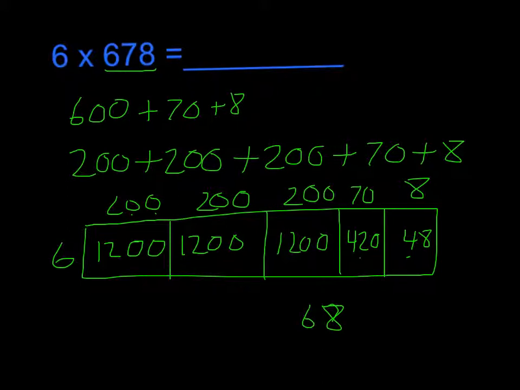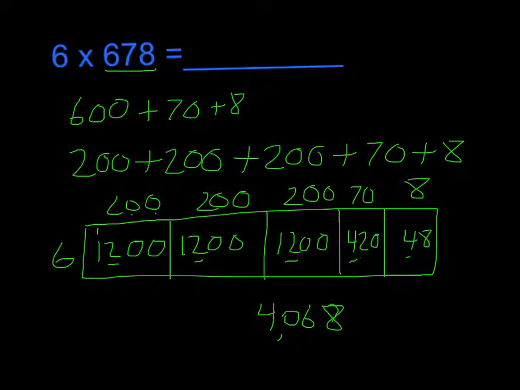Then I'm going to go to my hundreds column. I have a 4 right there, and I have a 2 there. So 4 plus 2 is 6. Plus 2 is 8, plus 2 is 10. So we're going to put our 0 there, and we're going to carry our 1, and I'm just going to put that 1 up on top of the thousands place over there. So then we're going to go to our thousands place, and we have a 1 plus a 1, which is 2, plus a 1, which is 3, plus our final 1, which is 4.